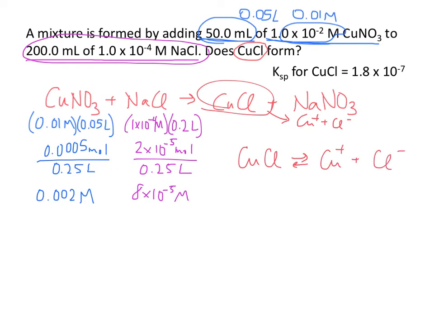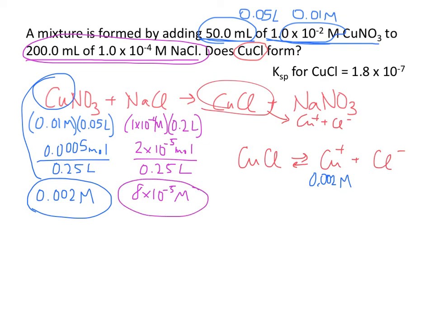Now we know from earlier that there's 0.002 molar copper ion, and we know from earlier that there's 8 times 10 to the negative 5 molar chloride ion.